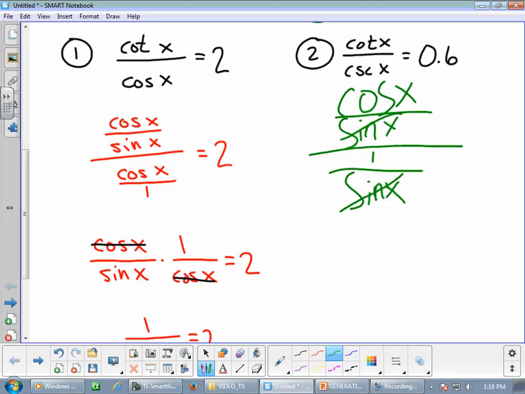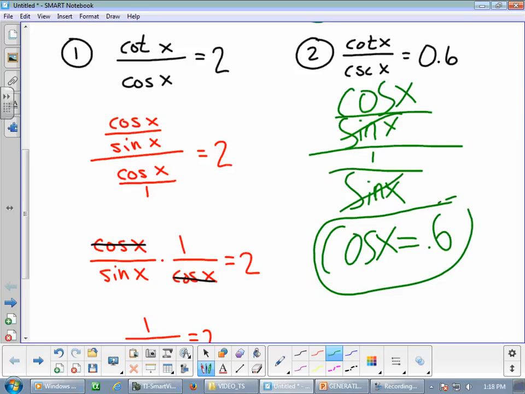Okay, they're in the denominator, yes. So as long as you have the same factor in the denominators, you can cancel those out. Good. So left with cosine of x is equal to 0.6. Okay. Is that a trig function of x is equal to a number? Yes, it is. So he is finished there.